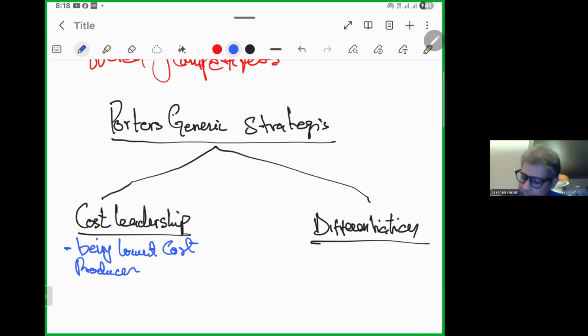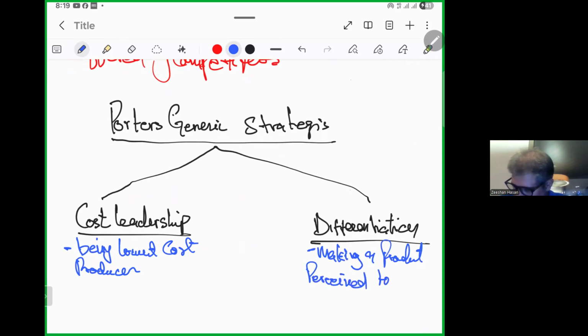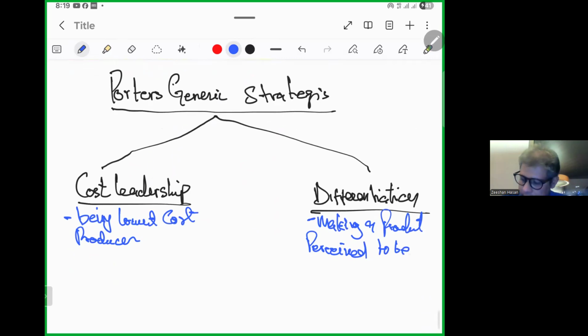Differentiation. Making a product perceived to be unique or different from competitors.